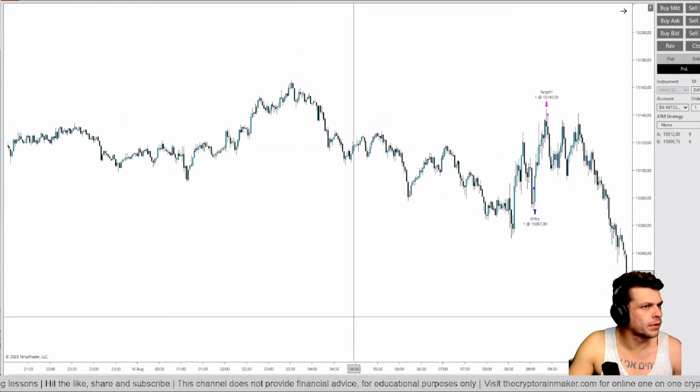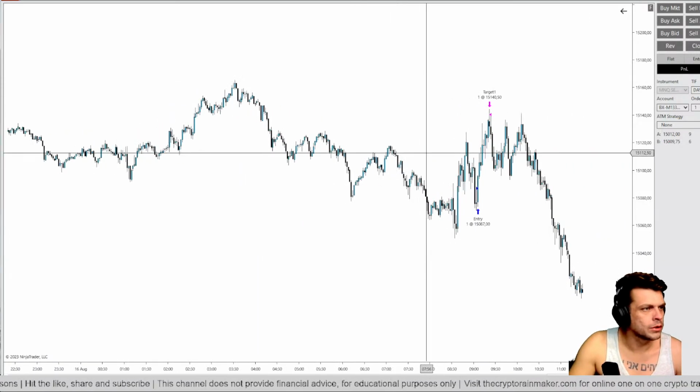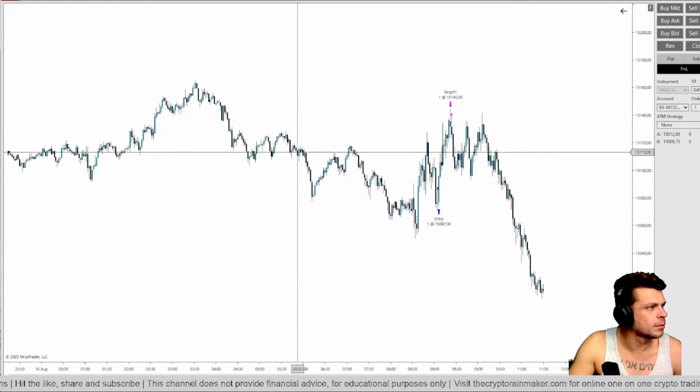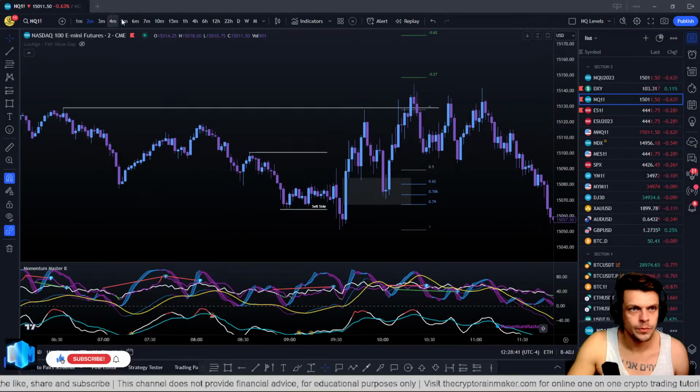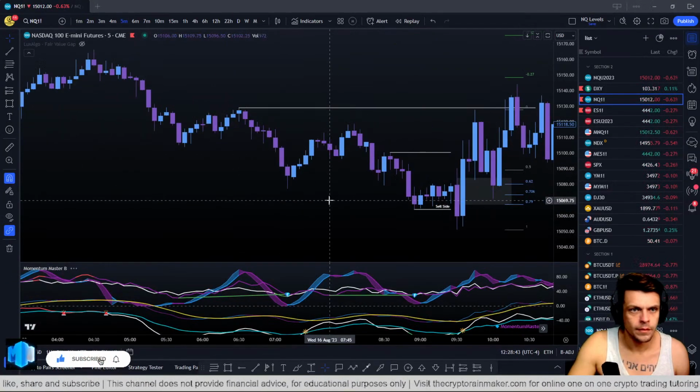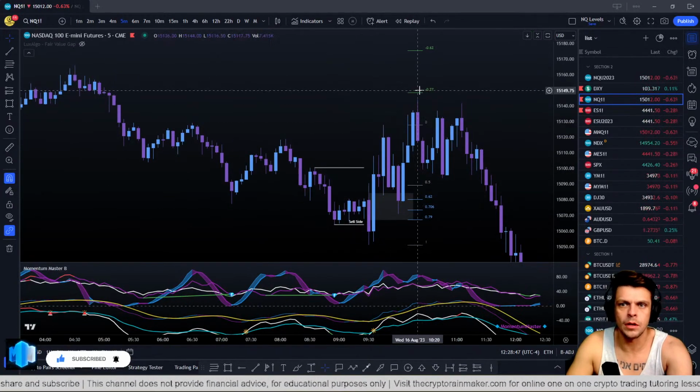That's a little bit of experience coming into play. Initially I was targeting this high, but I could see we were starting to lose momentum right in the buy side liquidity. The other thing I noticed on the chart was on the 5-minute. Let's just clean this up a little bit.